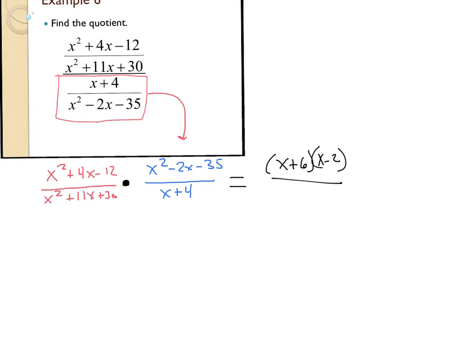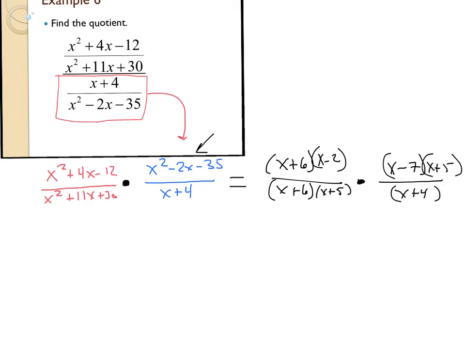Factor its denominator, I get x plus 6, x plus 5, times, factor the numerator on this one right here. We'll just write the denominator in because it's already there. And then that would be x minus 7, x plus 5.